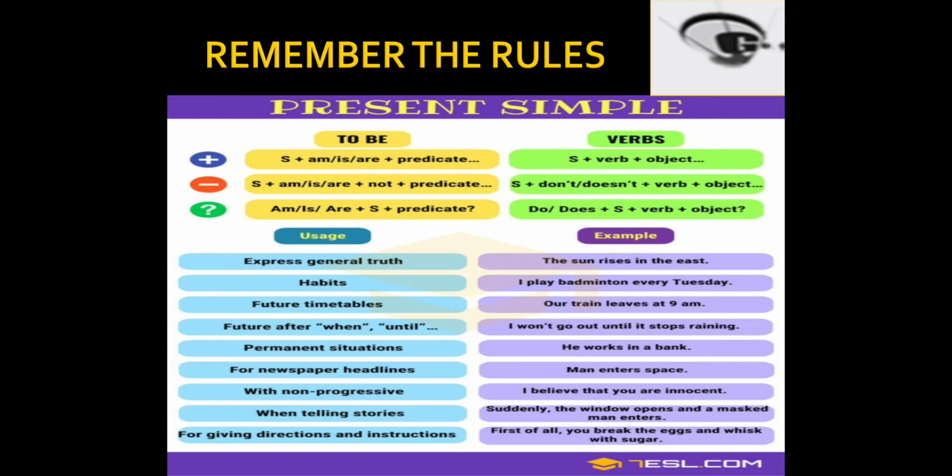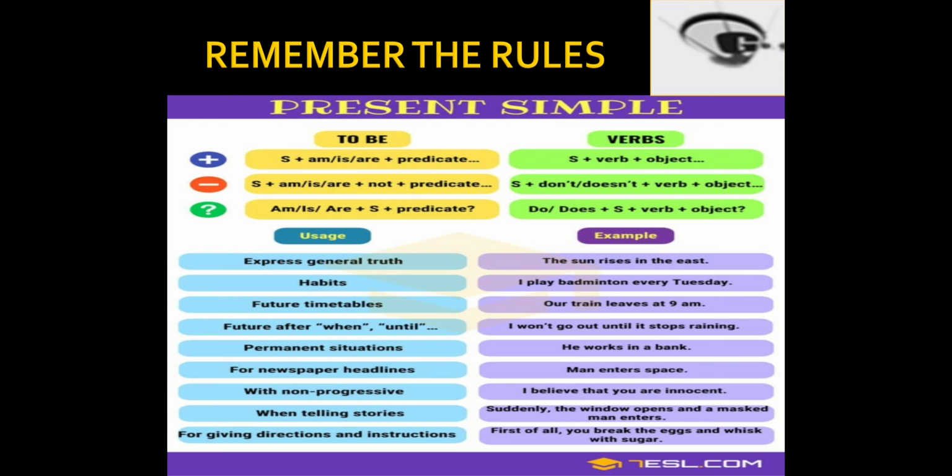In the negative sentence, we write the subject plus am, is or are plus not plus the predicate. And when it is an interrogative sentence, we write am, is or are plus the subject plus the predicate.